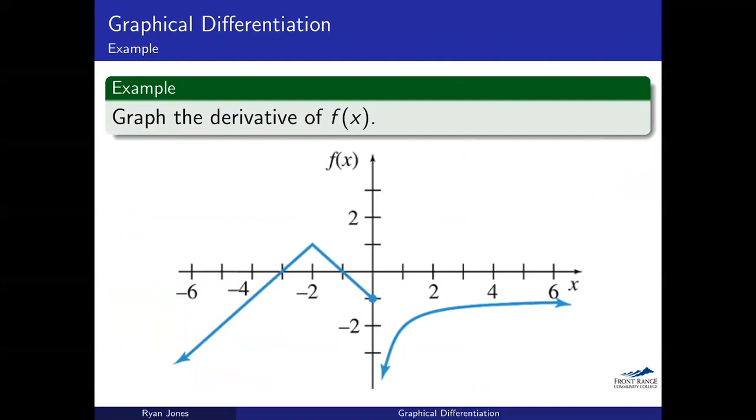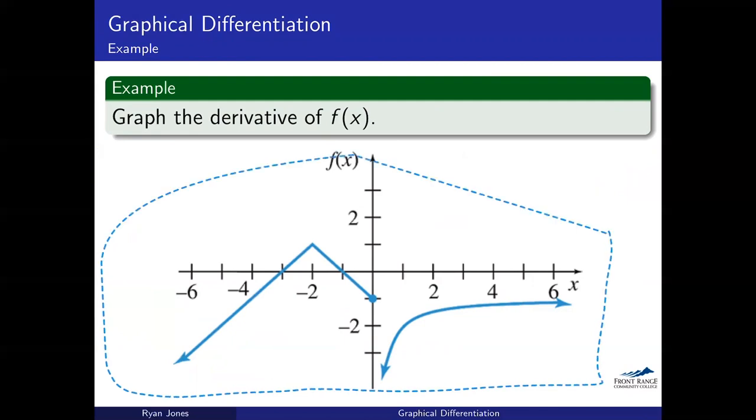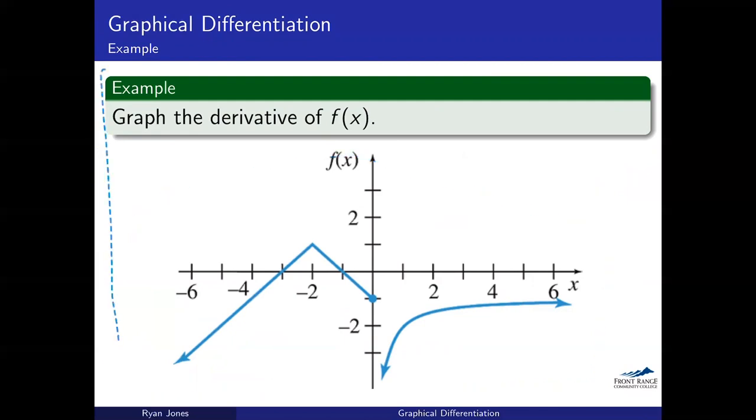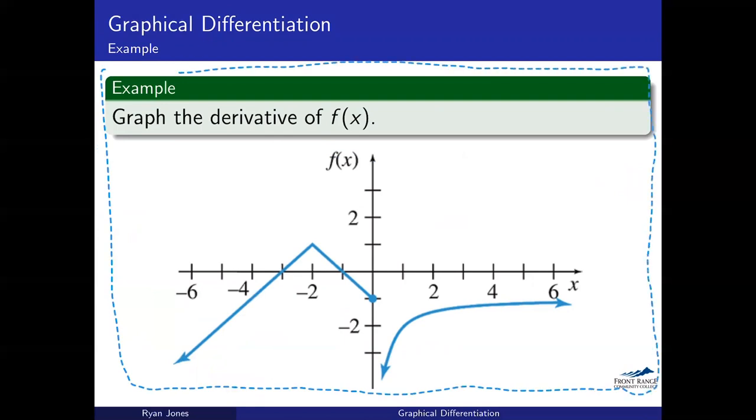I'm going to copy this over onto a new page. So we're going to take a look at this clearly piecewise function, and we're going to graph its derivative here. Because it's piecewise, I'm going to take my time and go section by section of this graph. So let's go ahead and do that here.